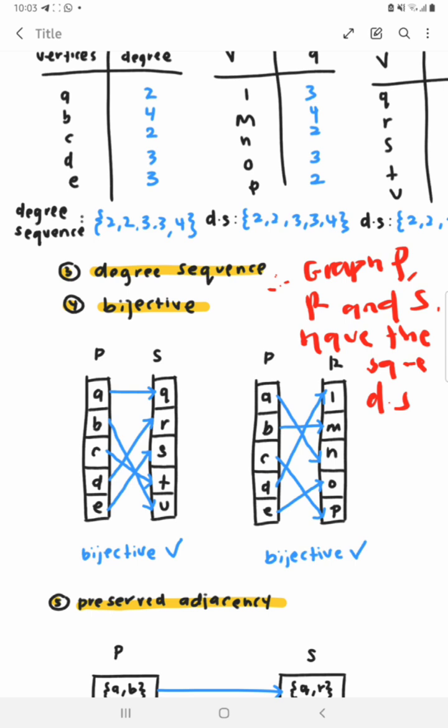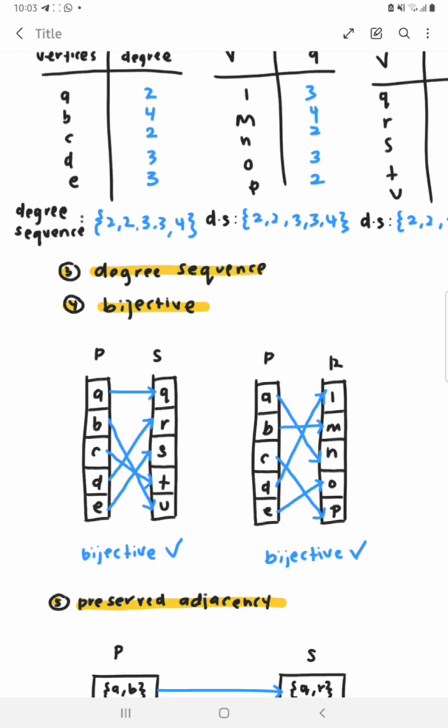Okay, and then for the bijective, bijective means that the degree of elements from graph P equals the degree of elements of S. For example, A has degree 2, and then let's see if Q has degree 2 too.